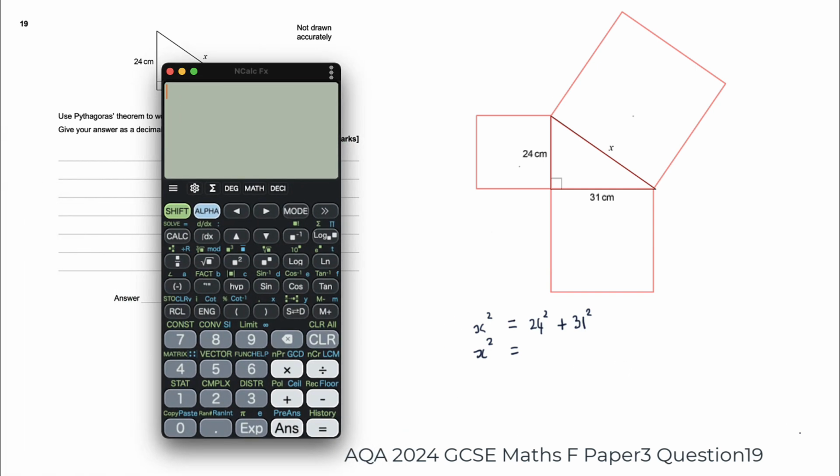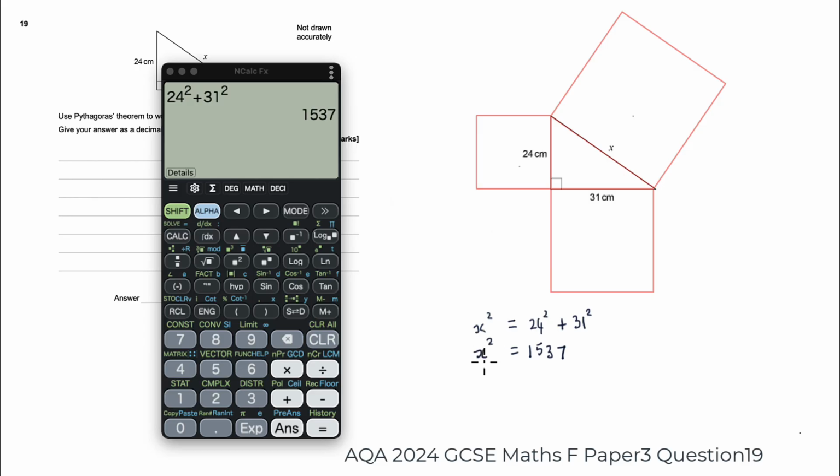So we've got 24 squared plus 31 squared, and that gives us 1537. Now, in this equation, let's do the inverse process of squaring to get rid of this square.